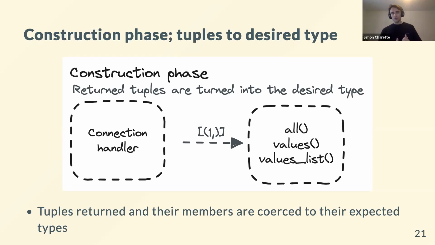When the tuples get returned from the backend, we're going to need to construct the actual return type and coerce the values that are returned as well. Depending on if you use all, values, or values_list, a different kind of collection will need to be returned. If you use values, for example, it's going to be a list of dicts. If you use values_list, it's going to be a list of tuples. If you didn't use anything, it's going to be a list of model instances.